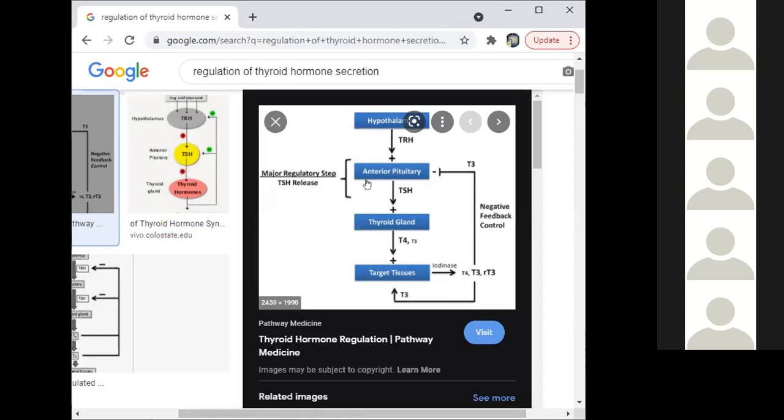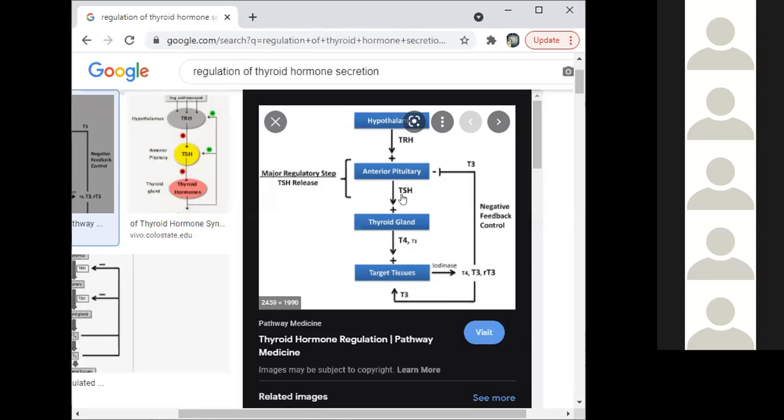This is called a secondary thyroid disease. It means the thyroid gland itself is fine, but the issue is coming from above the thyroid gland because you are not making TRH or TSH. Are we okay with that principle?